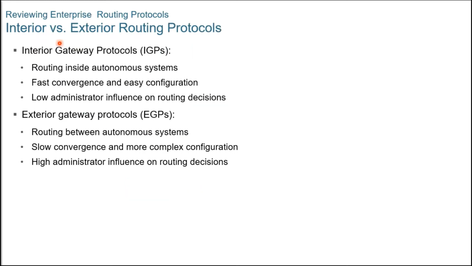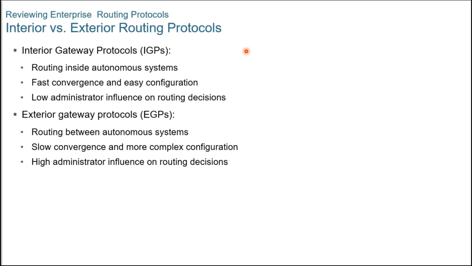Now let's look at the interior versus exterior routing protocols. Interior, or IGPs, route inside the autonomous system. Again, an autonomous system pertains to a network being maintained by a single administrator. They have fast convergence and easy configuration, with low administrator influence on routing decisions.